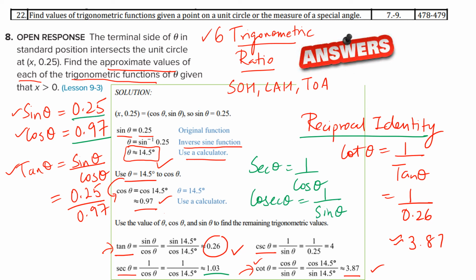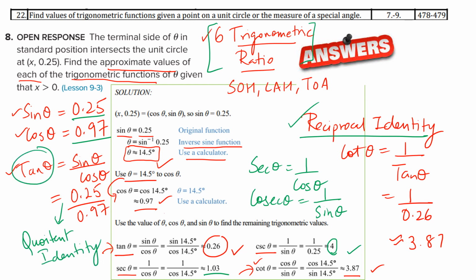So take the reciprocal of 0.25 and it will come out to be 4. So this is how you find all the 6 trigonometric ratios, and we used the concept of reciprocal identity, and we also used the concept of quotient identity when we had to find tan, where we took the quotient of sin by cos.